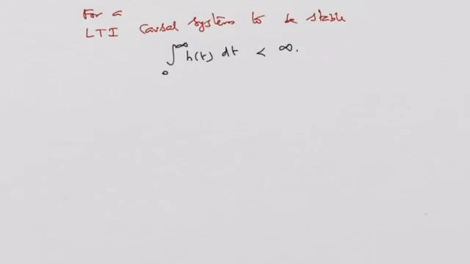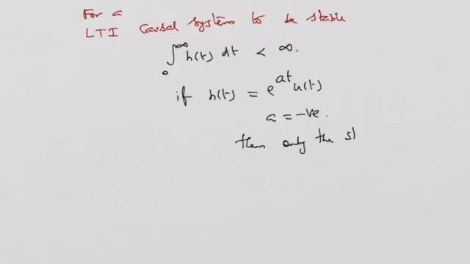This is possible if h of t is equal to e power a t u of t and a is a negative number. Then only the system will be stable. Agreed? Yes. I'll go to the next condition.